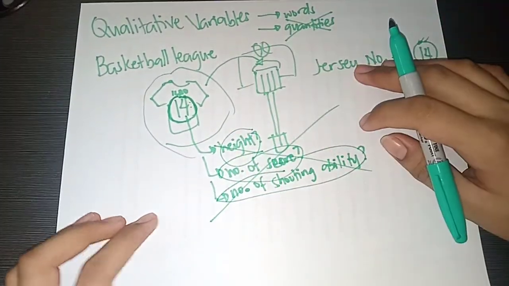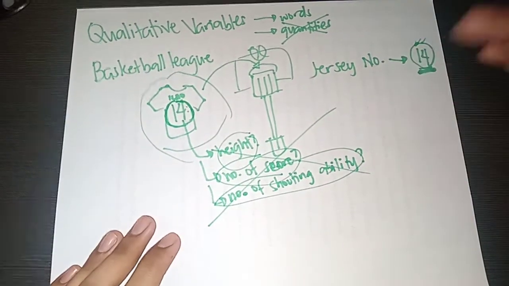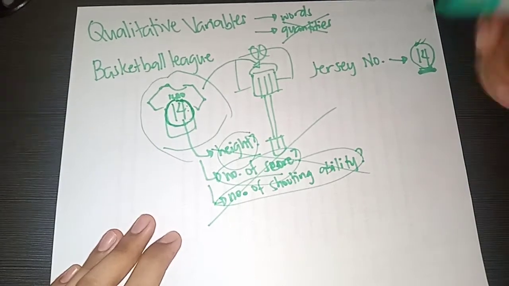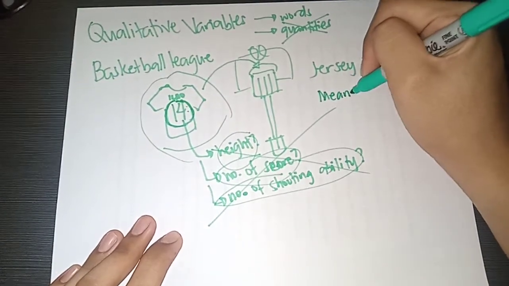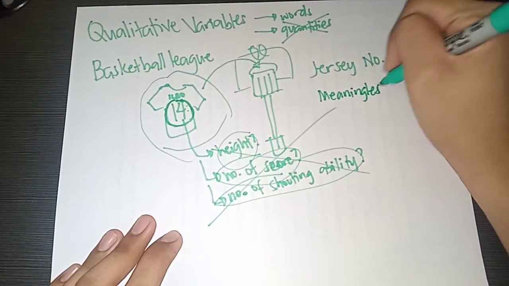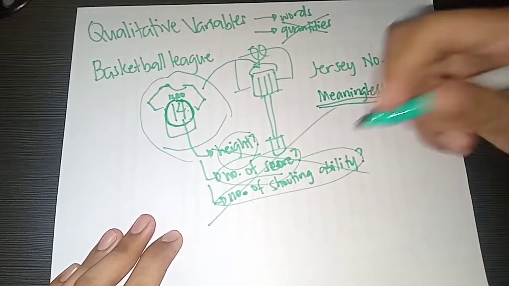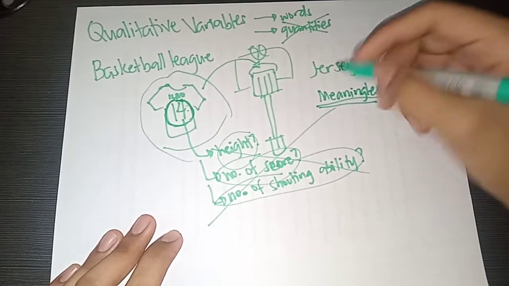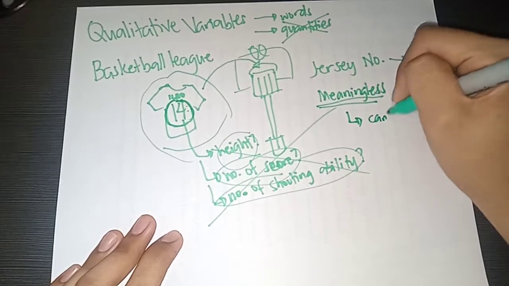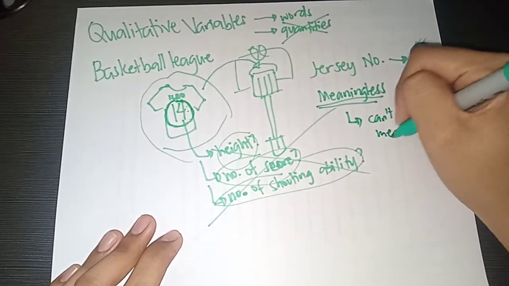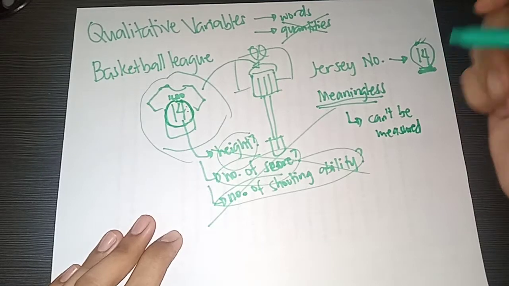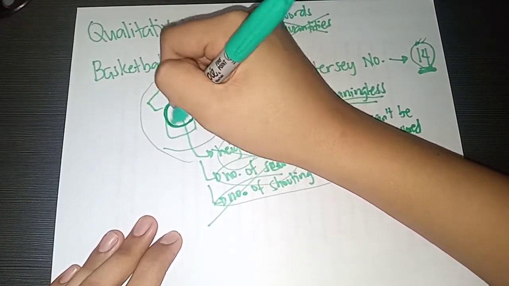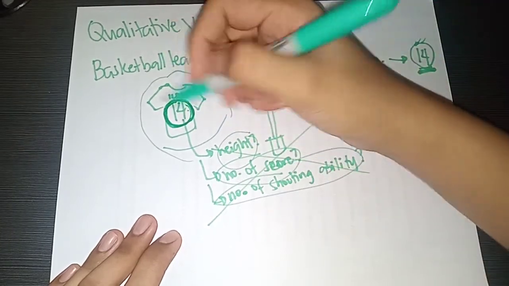So is it meaningful or meaningless? It is meaningless. How is it meaningless? The numbers that are meaningless cannot be measured. So what is the purpose of the number behind the jersey?